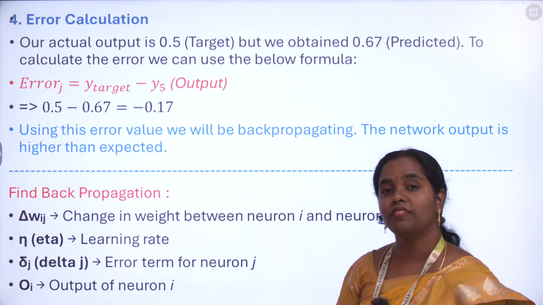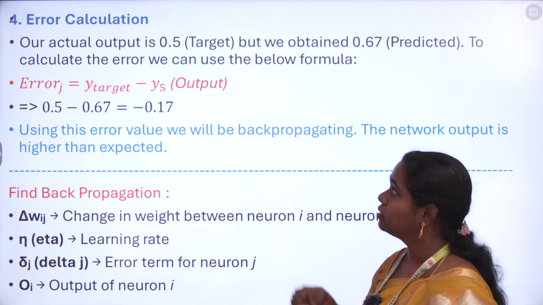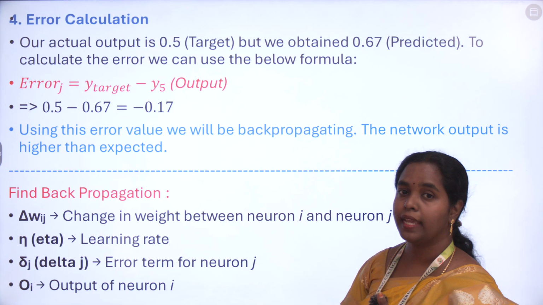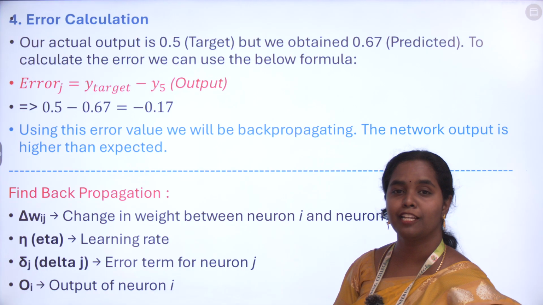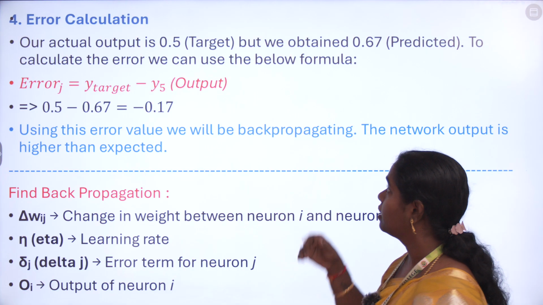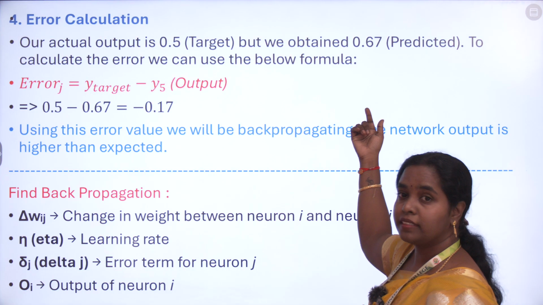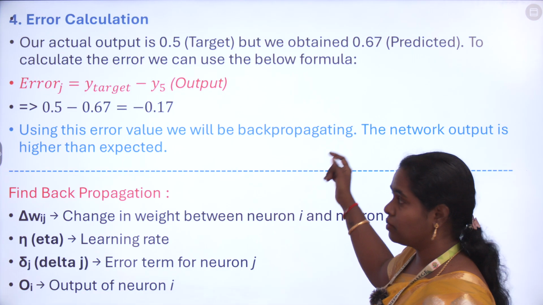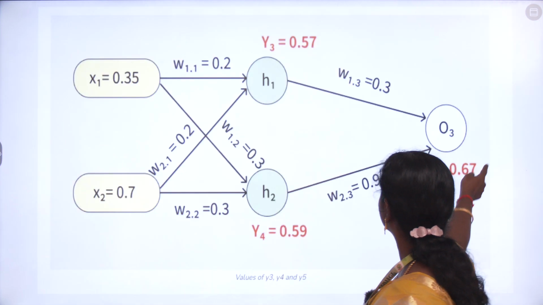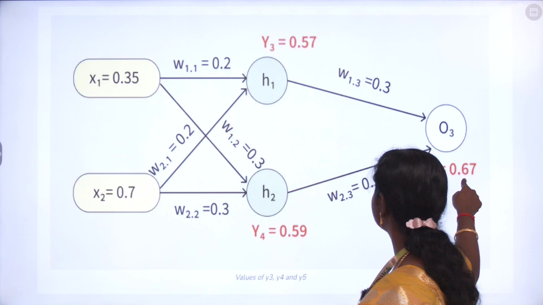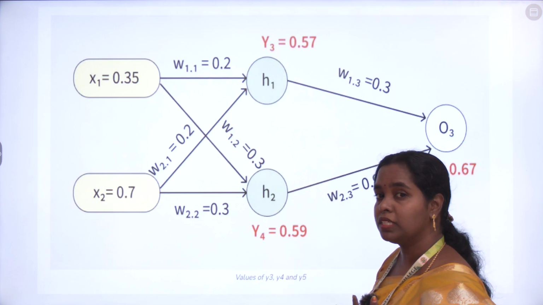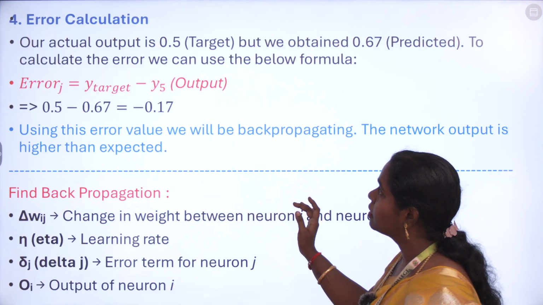Next, we have to find the error calculation. Our actual value, I already mentioned in the problem itself, is 0.5. But we get the predicted value 0.67. Here the output layer is 0.67, but the problem says 0.5.